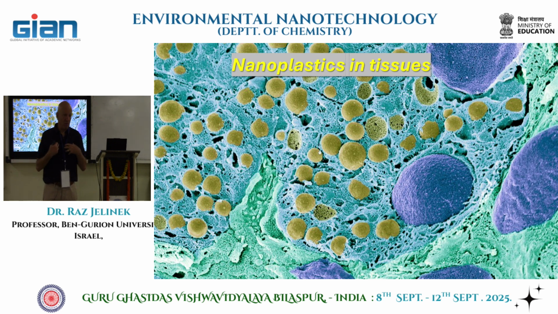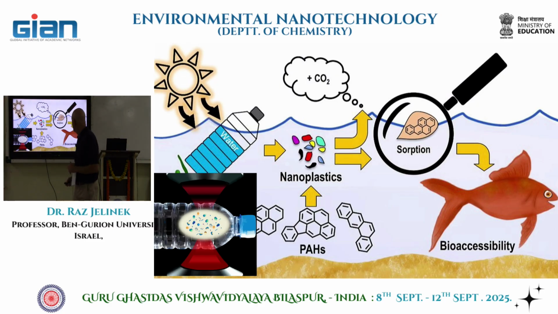So think about it, some tissue in our brain, our heart, whatever, with small plastics. It's very bad. So this is where the micro and nanoplastics come from. The bottle is breaking and releasing these very small nanoplastics.